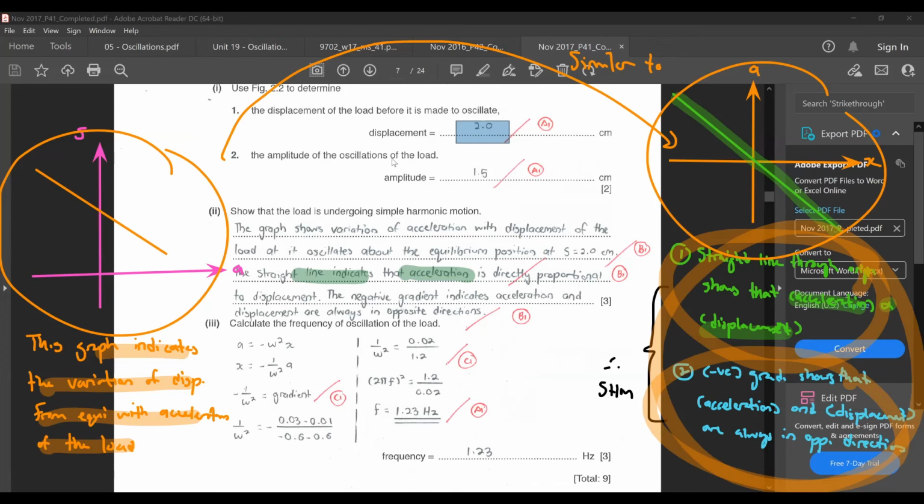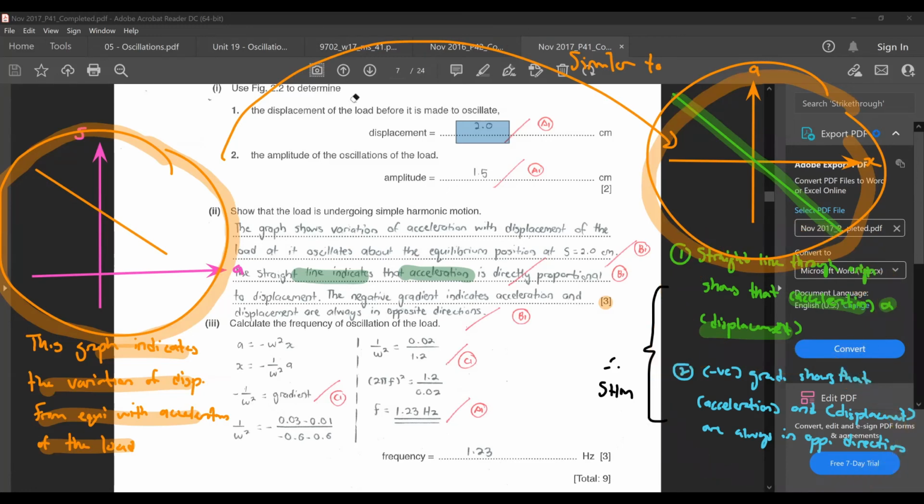That's why you see here your question actually has 3 marks allocated to it. You're actually supposed to write some sort of statement to describe that this graph is actually similar to this. So if you want to write that statement to relate them, it will probably be good to write the ones that I've just written here for you. This graph indicates the variation of displacement from equilibrium with acceleration of the load.